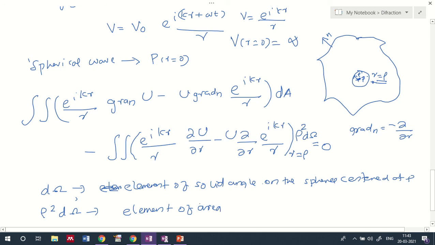Rho square d sigma will give you the area corresponding to that.